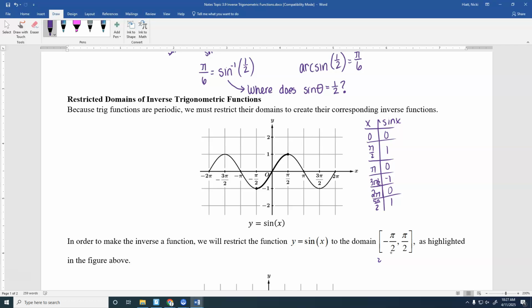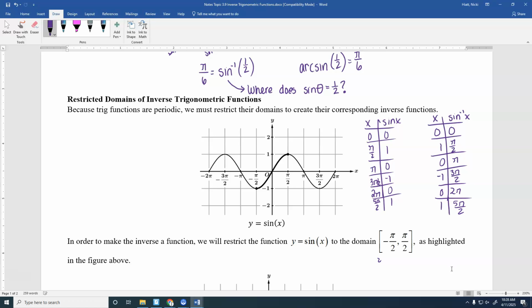But whenever I graph the inverse, I've got to switch my x's and y's, right? So I'd have 0, 0; 1, pi over 2; 0, pi; negative 1, 3 pi over 2; 0, 2 pi; 1, 5 pi over 2.